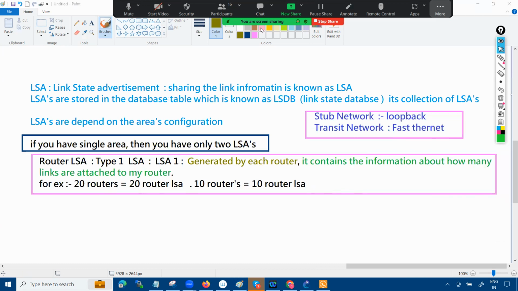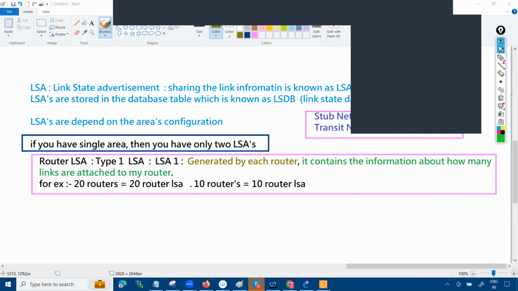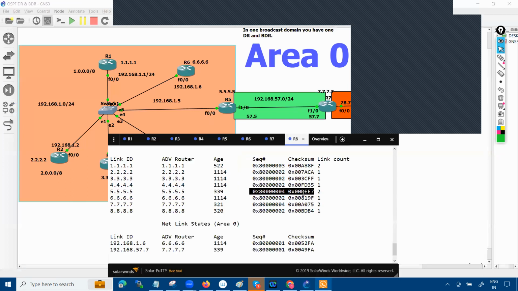So, regarding the sequence number, if two routers are not sharing the same database, for example router number 5.